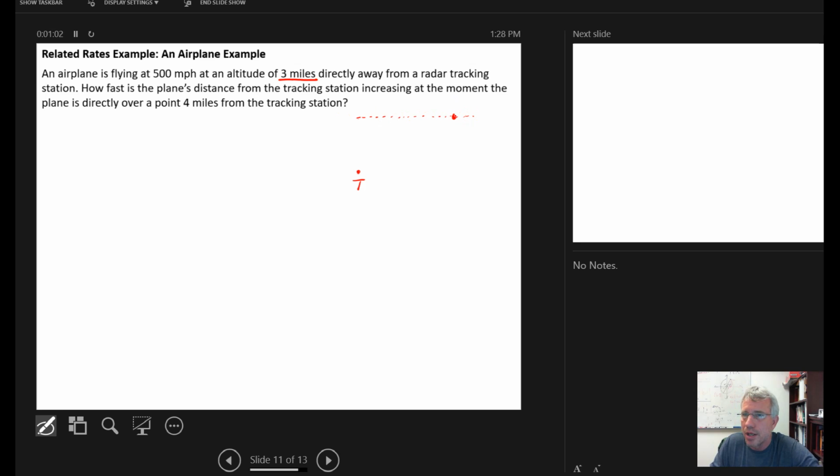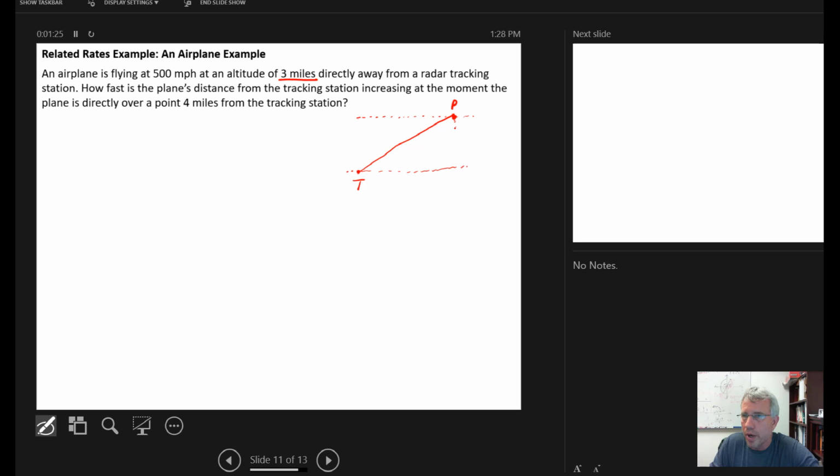So let's suppose that the plane is right here. And what we're being asked to find is the rate at which the distance from the plane to the tracking station is increasing. So if I draw in a line there, I'm being asked to find how fast this distance, the distance from the plane to the tracking station, is changing.